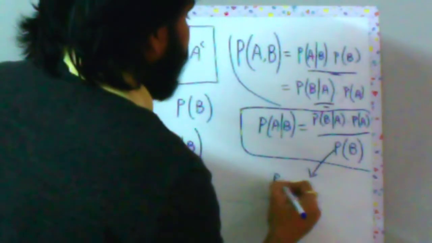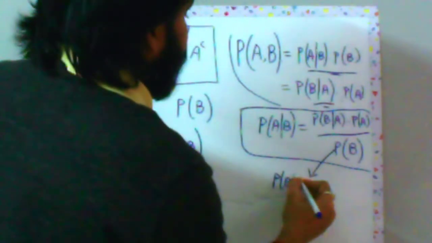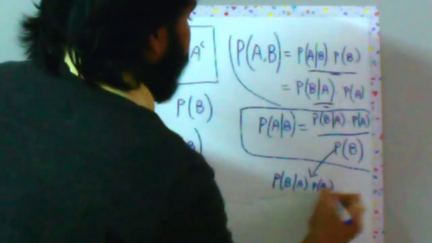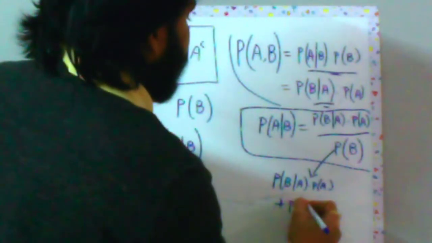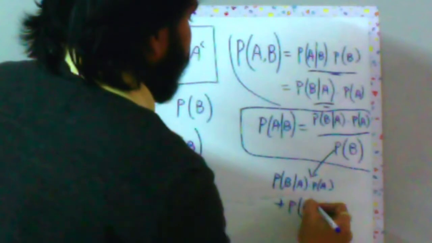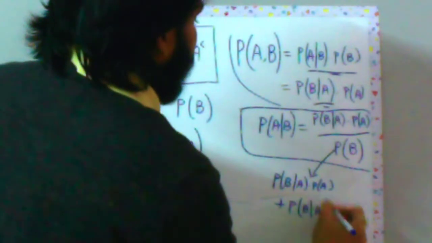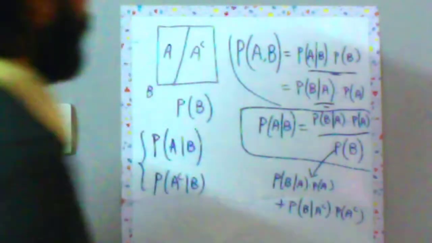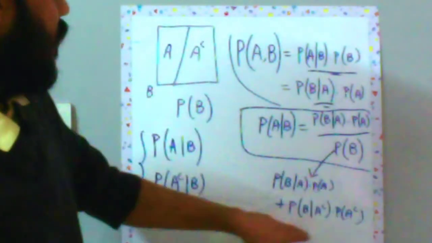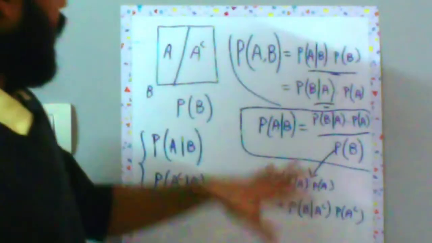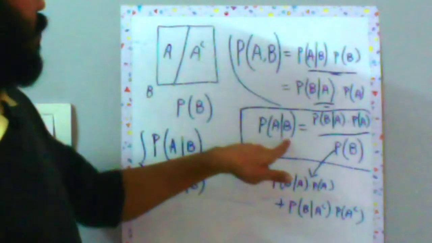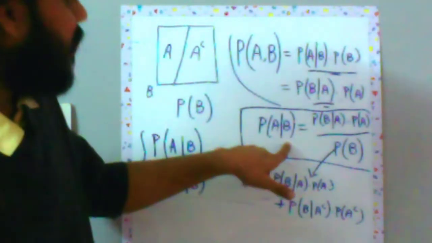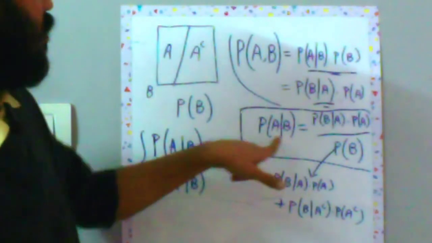The denominator is P of B given A into P of A, plus P of B given not A into P of not A. This is your total probability of B, and the whole expression is your conditional probability of A given B, or rather, if B has occurred, the probability that it has occurred through A.